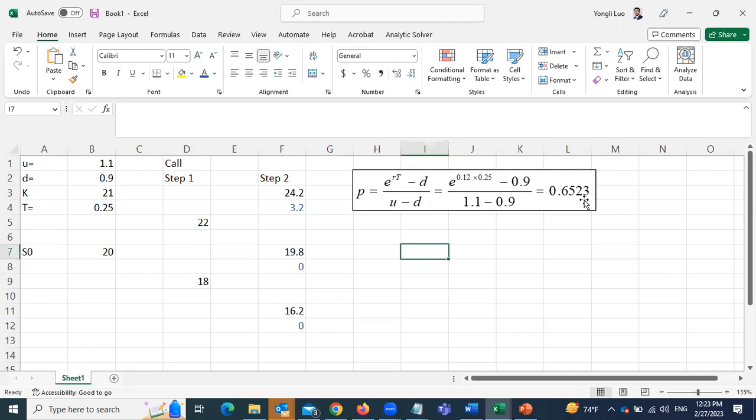The other probability, the down, is 1 minus P, which is 0.3477, and the price for this part is 0. So this one times 0 plus 0.6523 times 3.2. That's going to be the value for the step 1 option price.